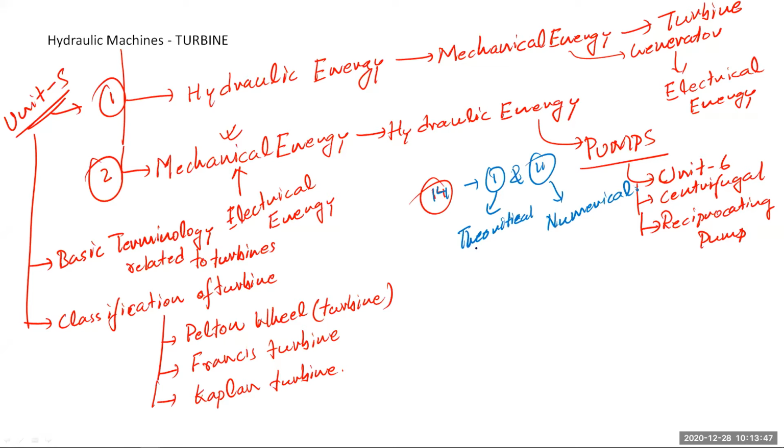If you are thinking of theoretical questions, in what areas can the questions be asked? Questions can be asked from basic terminology related to turbines. Here you can have definitions of different efficiencies, because we have four different types of efficiencies.